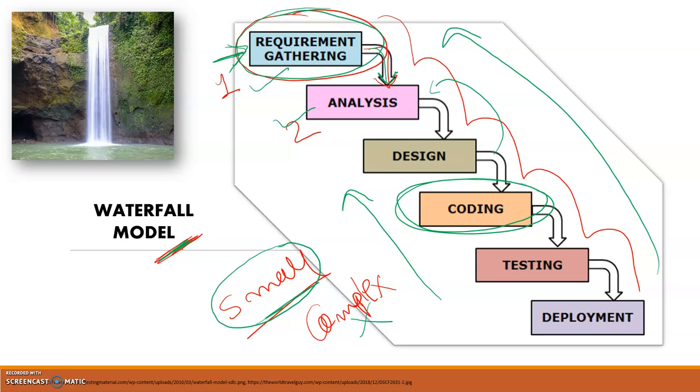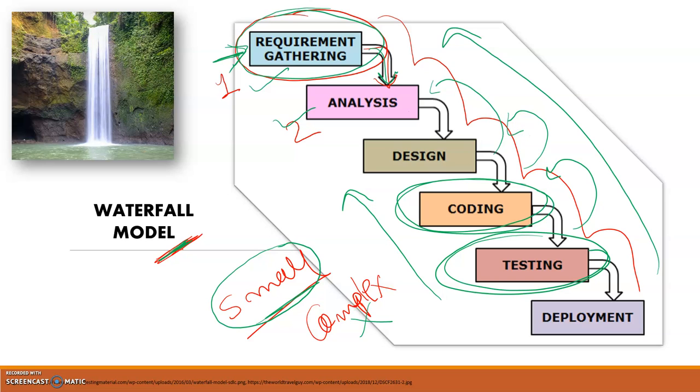Normally it is not that feasible in real time, because suppose you are testing your module and you found some error. Of course you need to go back to the coding, right? It might be possible that during coding you find something not relevant to the design. Of course you need to go back to the design.